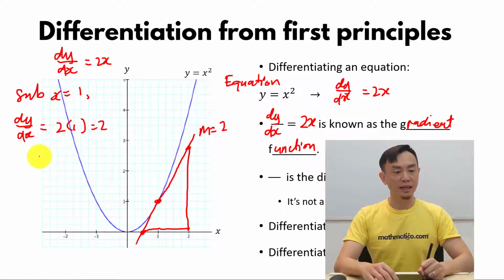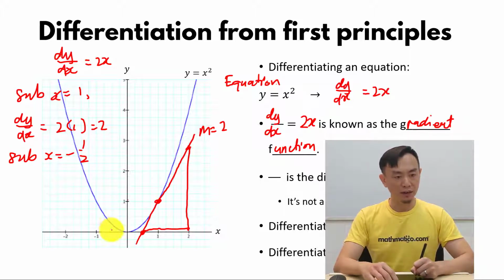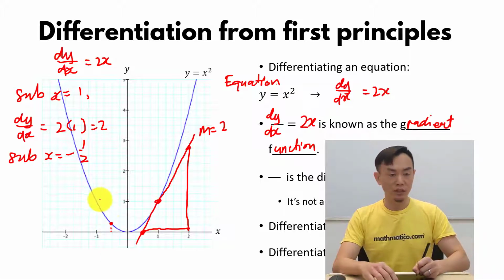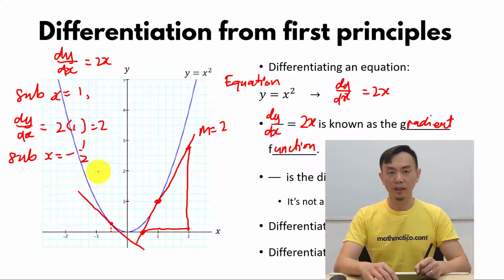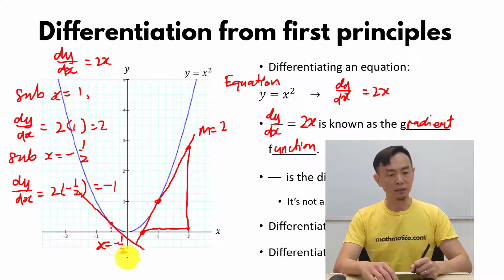Or let's say we sub x is equal to negative half. So negative half is right here, and we draw a tangent. That will be the gradient of the curve at this particular point, x equals negative half. We will see that the dy dx is equal to 2 times negative half, which is equal to negative 1.